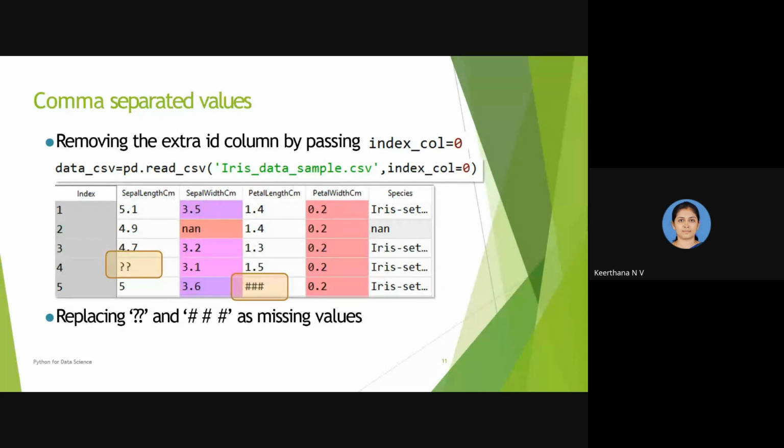So you have to give it as data_csv = pd.read_csv, comma, index_col=0. If you have given index_col equal to 0, it will go on searching for the missing values inside your data set, and it will simply remove them, and you can replace them. If you want to replace them, they will get replaced as NaN only.